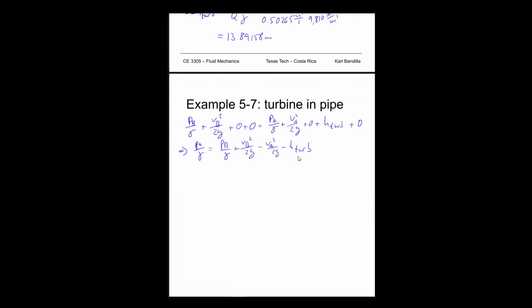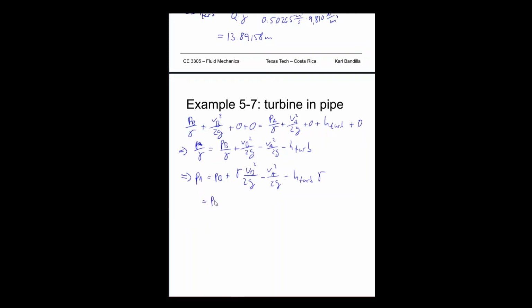Then I can multiply by gamma. Then I would have PA, which is the one I'm looking for. There should be a capital A there, not lowercase a. That, of course, just cancels out the gamma. Here I'll get gamma times VB squared over 2G minus VA squared over 2G minus H turb times gamma.